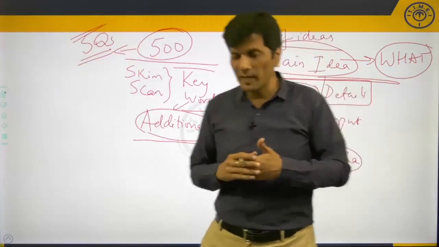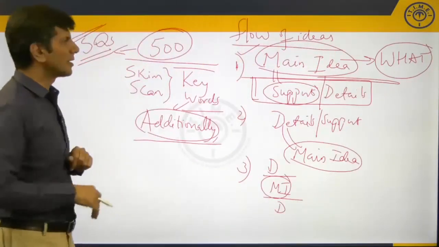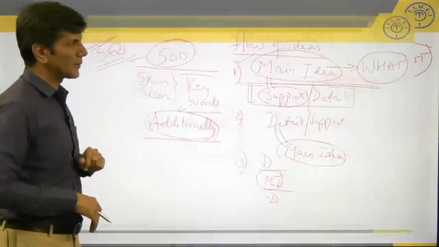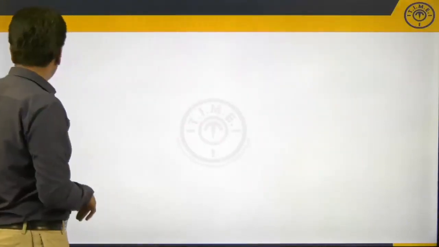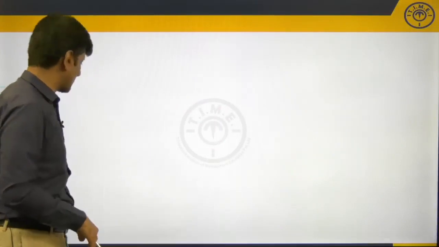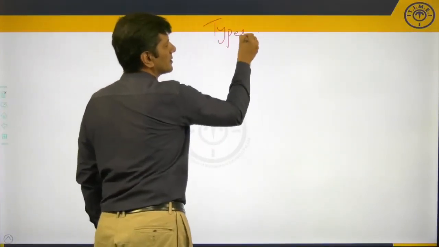That now brings us to this juncture of the session where we will try to understand the different types of questions, how we understand these different types of questions, and how we strategize our approach to solving certain kinds of questions. So let's look at types of questions.